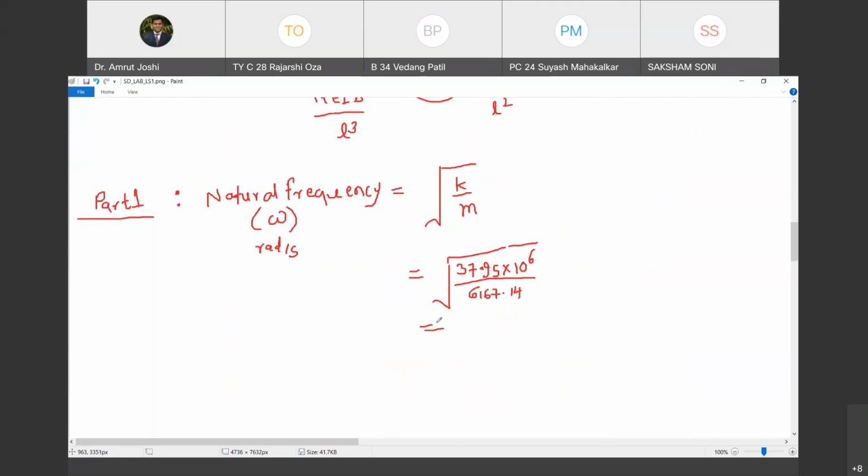So let me calculate with you. Square root of, in bracket, 37.95 into 10 power 6 divided by 6167.14.